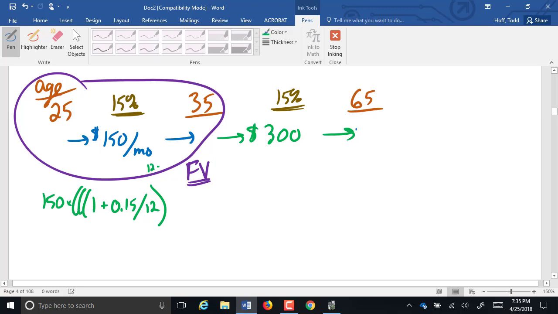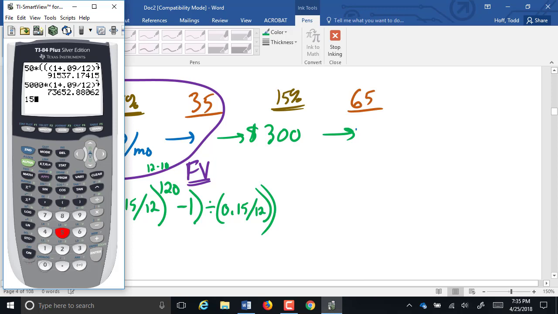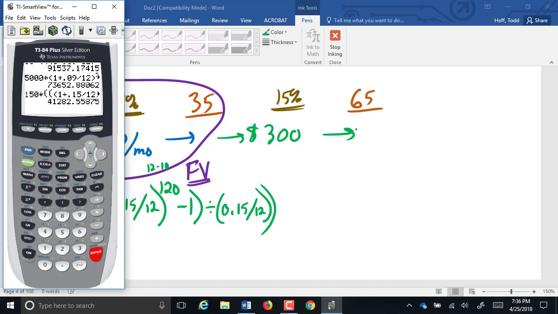So 12 times 10 is 120) minus 1, close parentheses, divided by (0.15 divided by 12). That comes to $41,282.56.